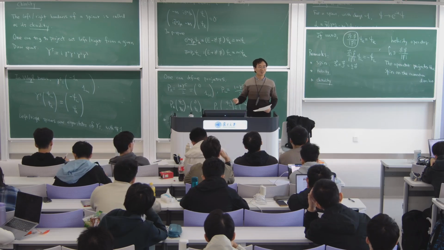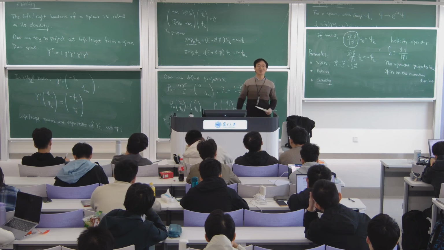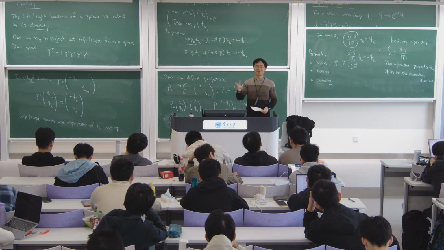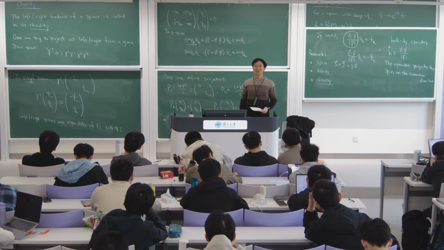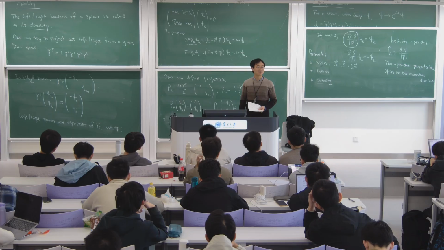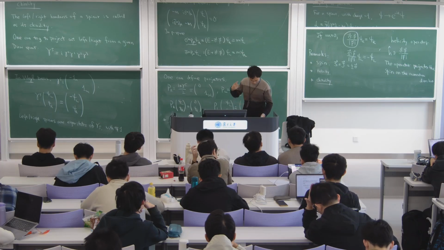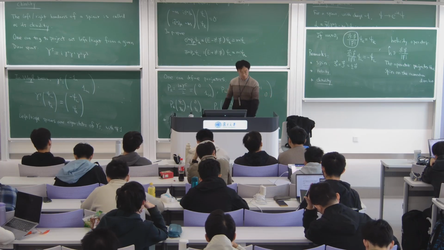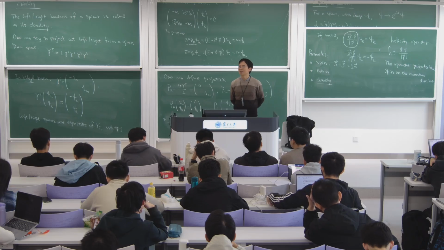But in general, you can talk about (1/2, 0) and (3/2, 0). Then left and right is not balanced, it's not symmetric. So in that case, you also have chirality. So chirality really means you can distinguish the left and the right.